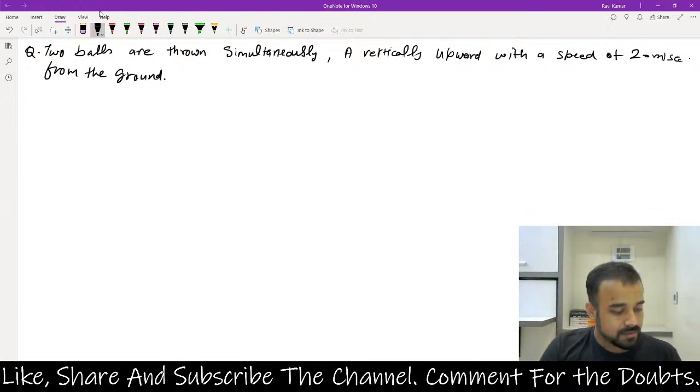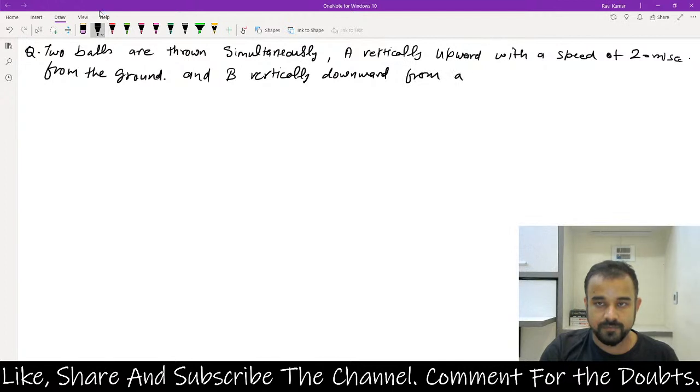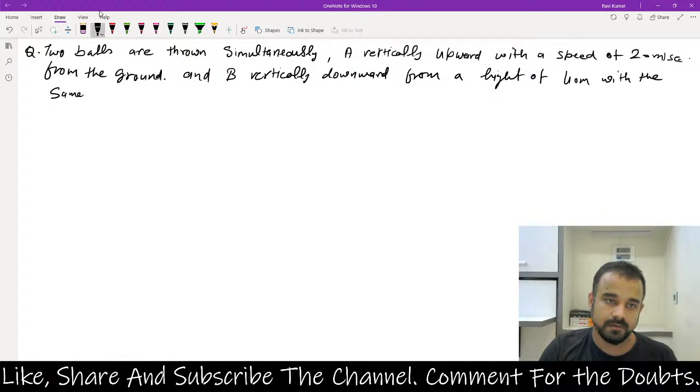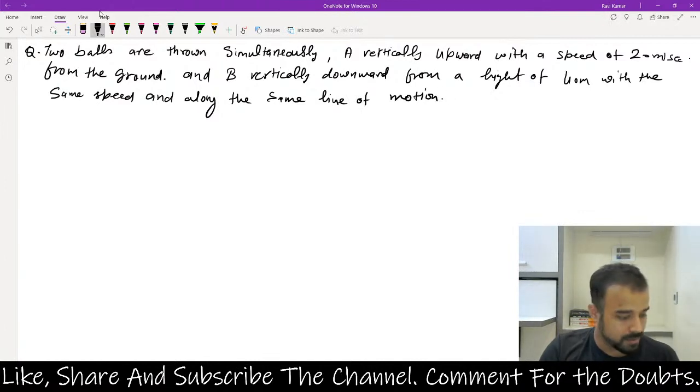Now, ball B is thrown vertically downward from a height of 40 meter with the same speed and along the same line of motion.